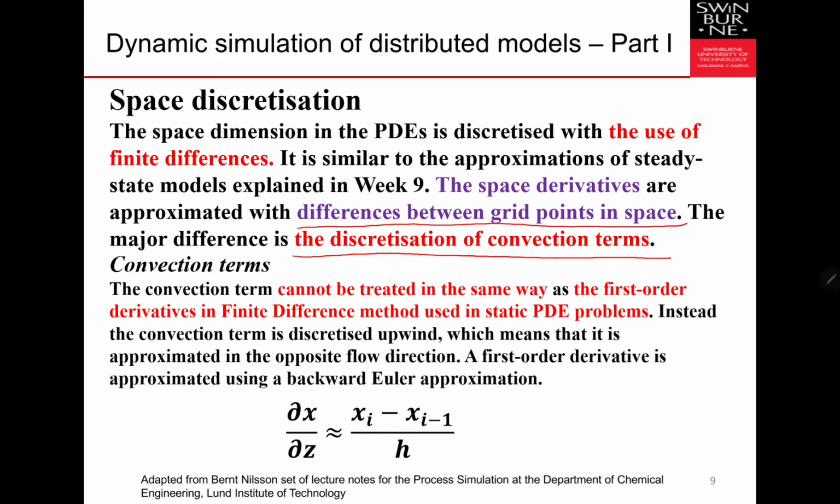The convection terms cannot be treated in the same way as the first order derivative in the finite difference method used in static PDE problems. Instead, the convection term here is discretized upwind, meaning that it is approximated in the opposite direction of the flow. For example, a first order derivative can be approximated using a backward Euler approximation as shown in this expression below.